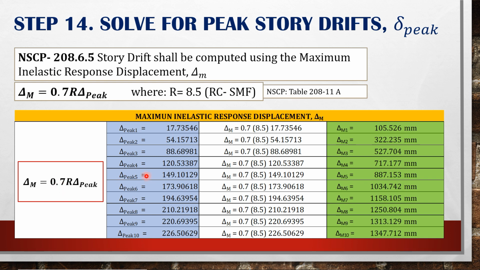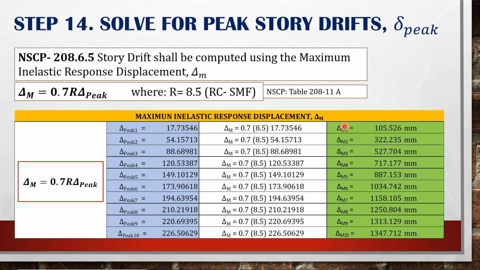So, delta M is equals to 0.7 times 8.5, ito, 8.5, yung R natin, times itong delta peak 1 natin, 17.73546.